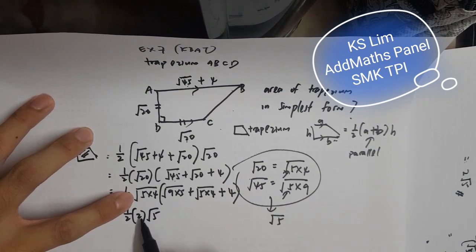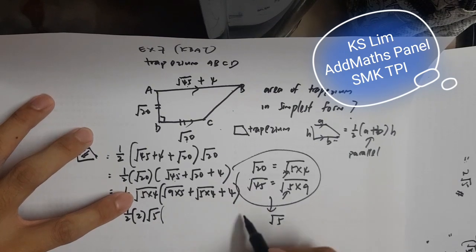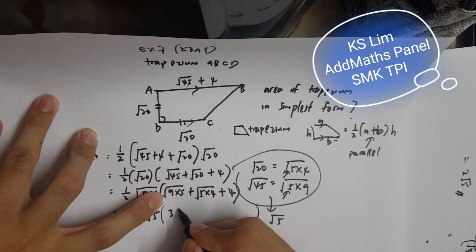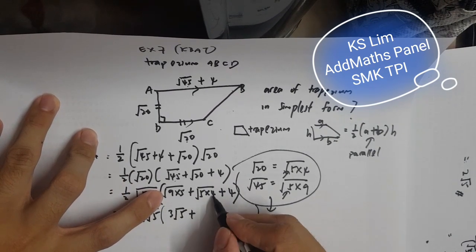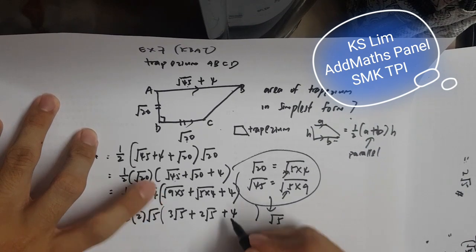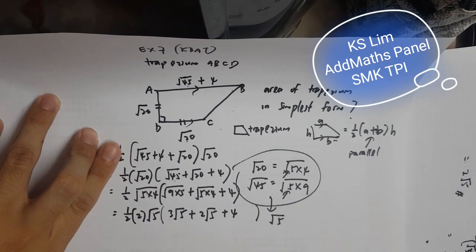Square root 4 is 2. Okay or not? Okay, I go to the next. Put a bracket. Square root 9 is 3. This one is 5 times 4. Square root 4 is 2. Plus 4. Okay or not? Okay. 1 over 2 and 2.